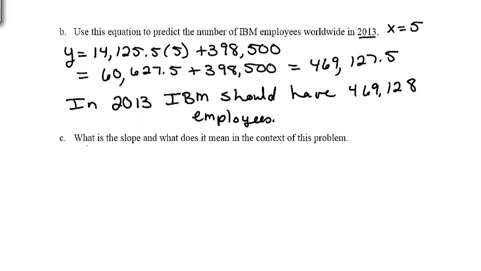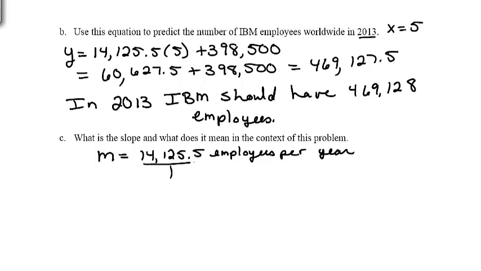In our next problem here, we want to know what the slope is and what it means in the context of our problem. And so our slope this time was 14,125.5, and this is employees per year. And again, I like to think of this as a slope, and this is employees and this is the years.